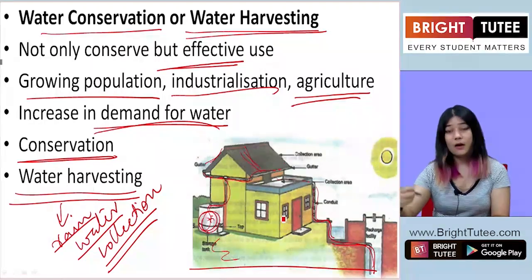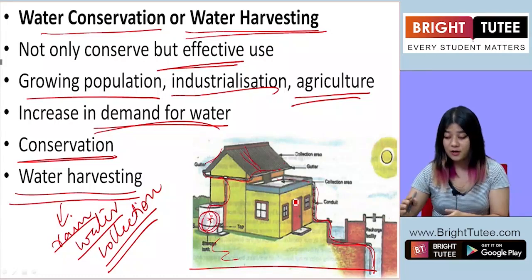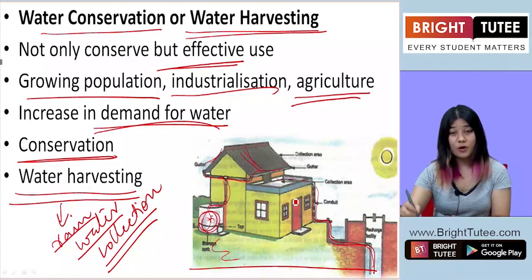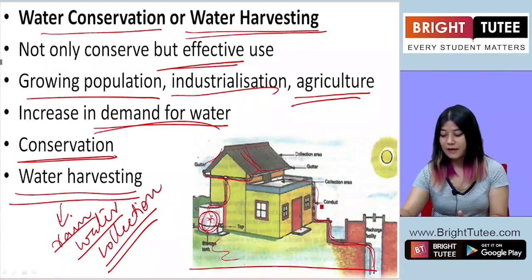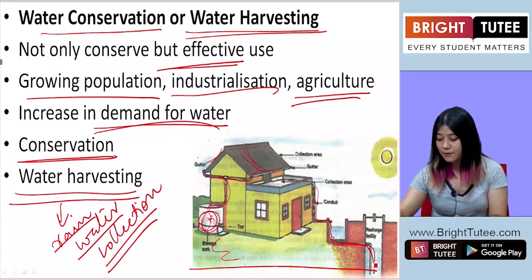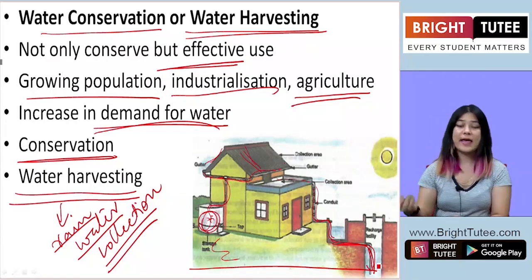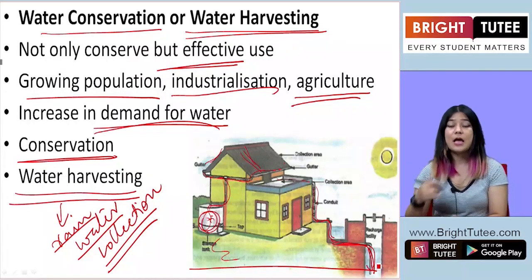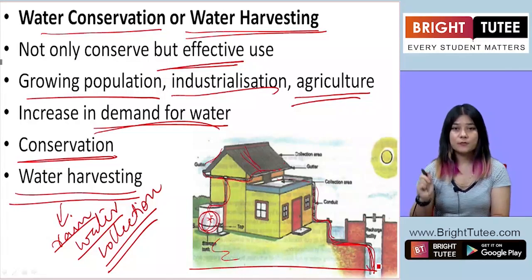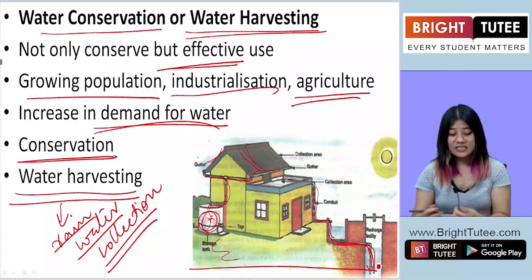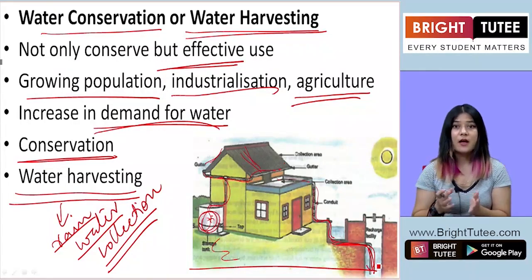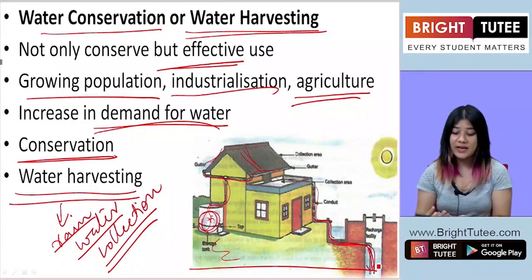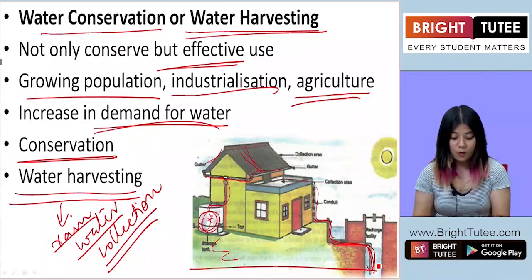Now, if we also try to divert or use the rainwater, through water harvesting, to direct some of it into the groundwater, then that also helps maintain the water level of the groundwater. Okay, so this is a very important measure or way to conserve the water. All right.